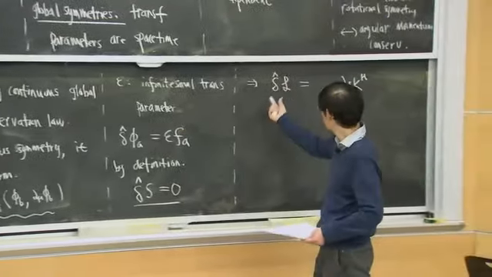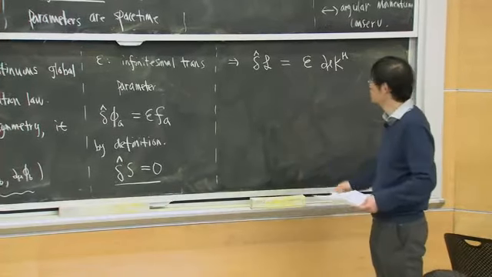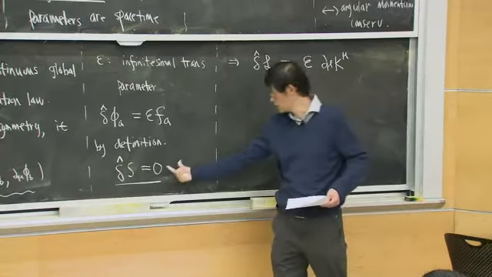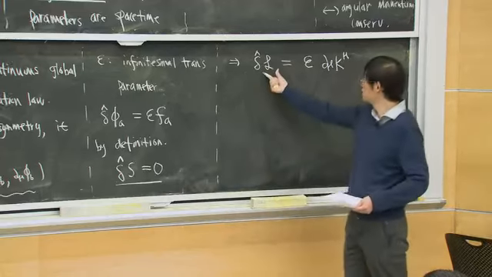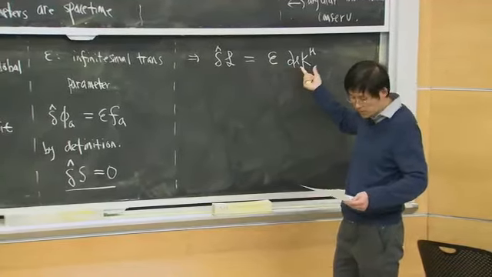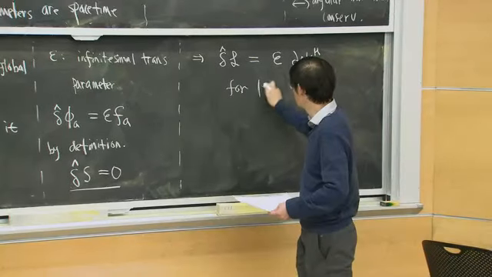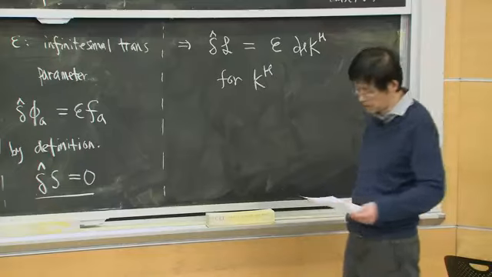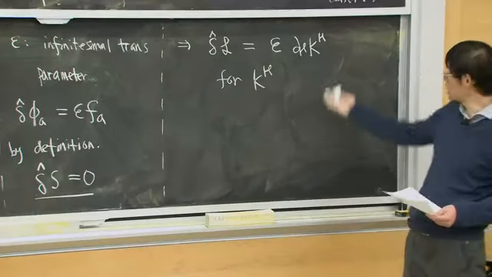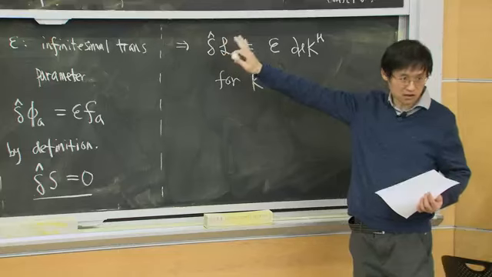So the transformation of L must also be proportional to epsilon. Since the action must be invariant, the variation of L must be a total derivative, for some K mu. This K mu can also be 0, in which case the Lagrangian density is invariant.